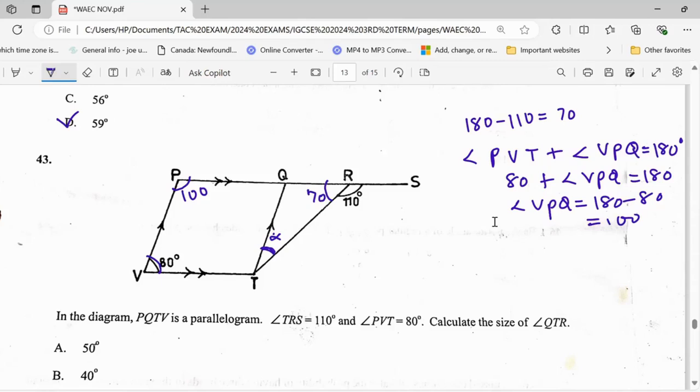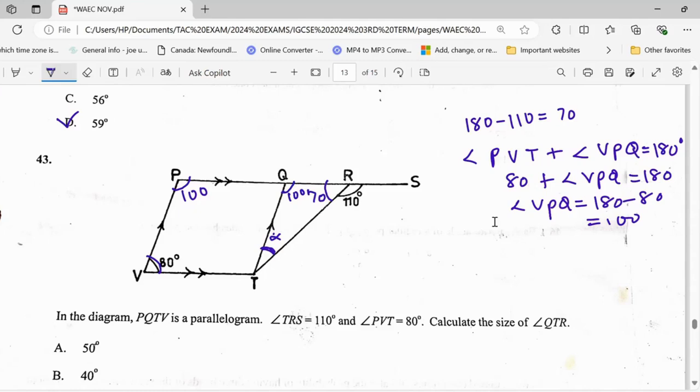Now, look at this angle here. It's also 100. Why is it 100? It's called corresponding angles because the line PQ and the line VT are parallel.